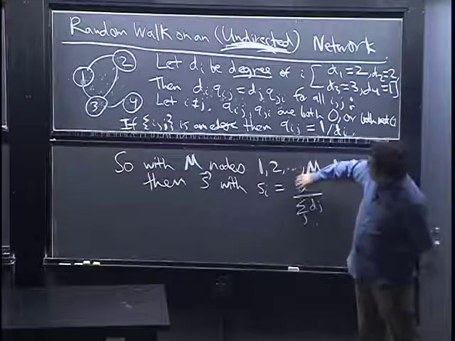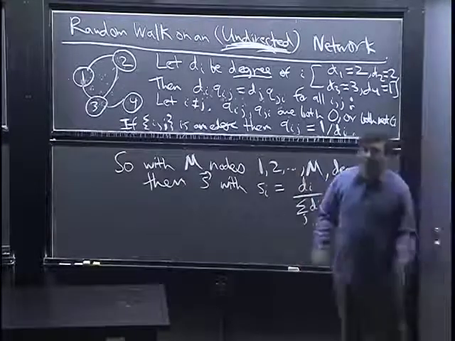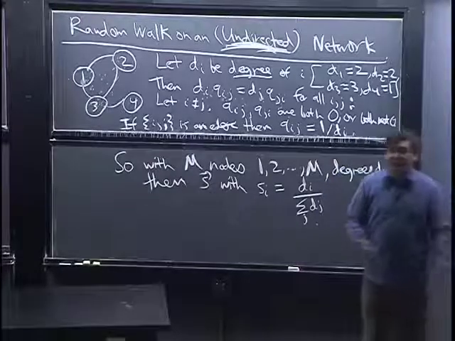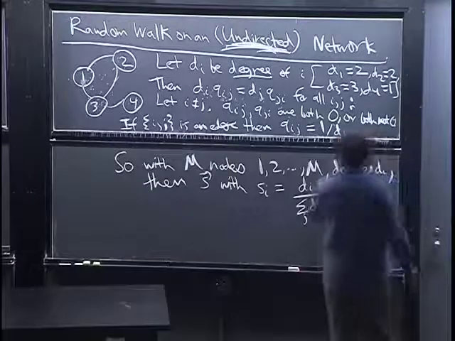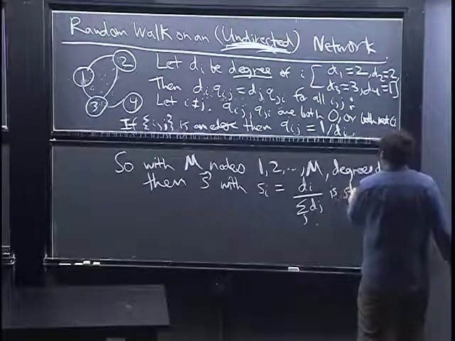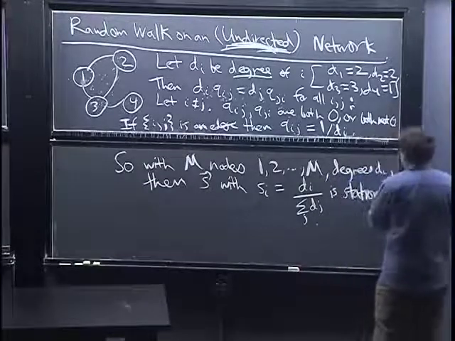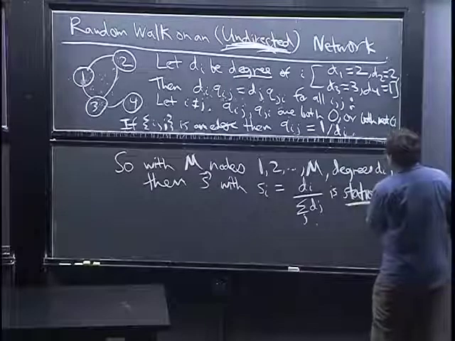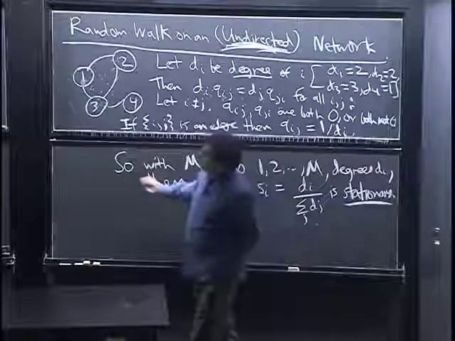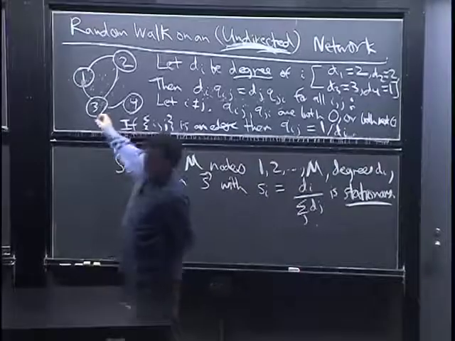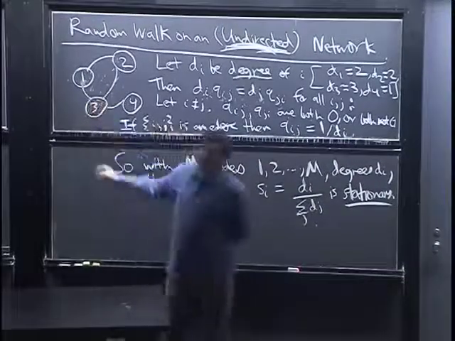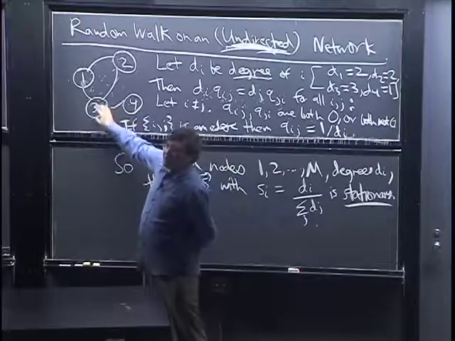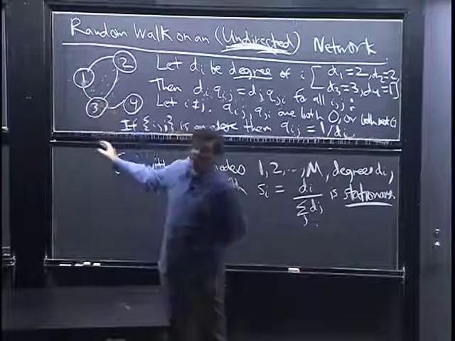In other words, take the vector of all the degrees and divide by the sum of all the degrees, just to make it add up to 1. Then this is going to be stationary. So we've found the stationary distribution, and it's a pretty intuitive result. It says that the stationary probabilities are proportional to degrees, which makes sense if you imagine that in the long run, it's going to be spending more time in the states of higher degree.